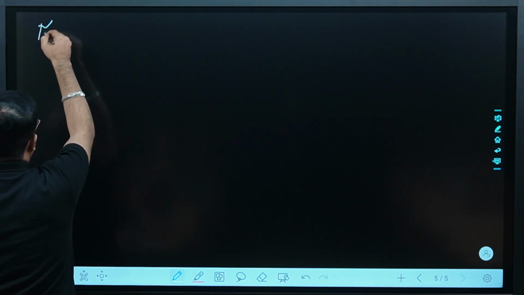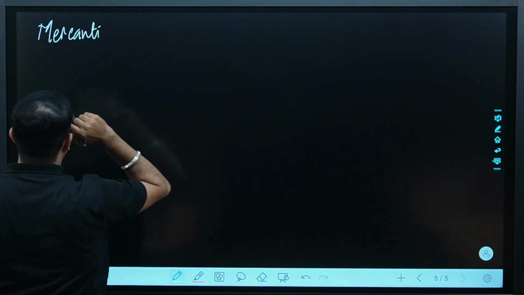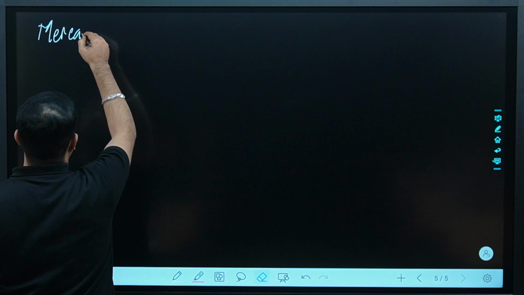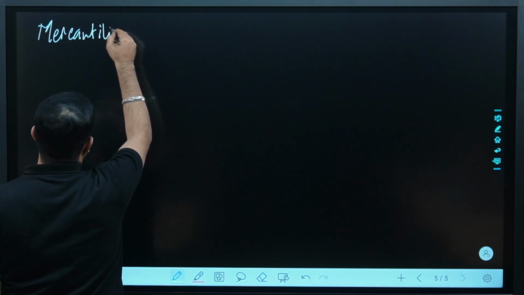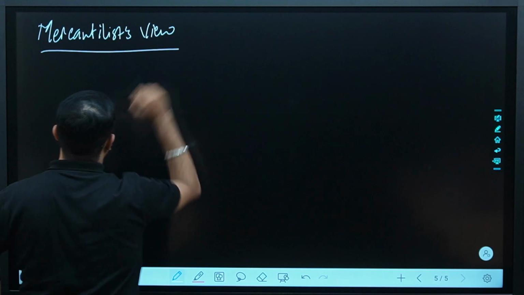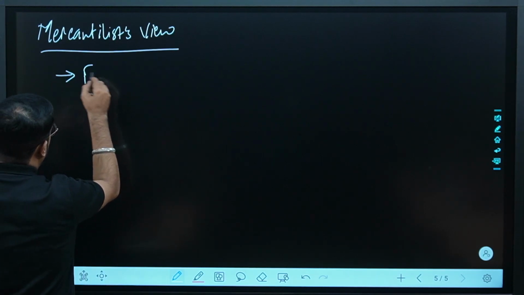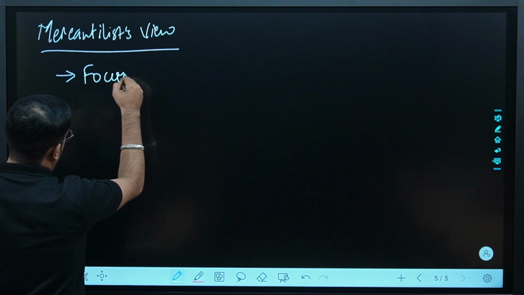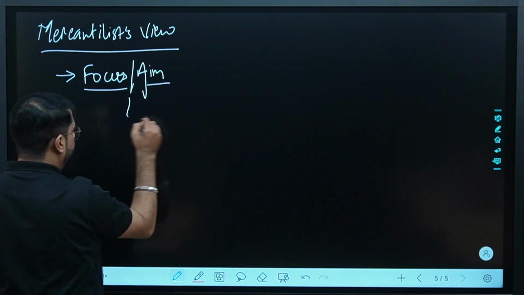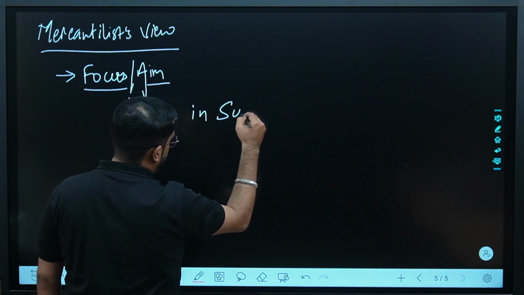So first theory, that is mercantilist's view, says that the focus or the aim should be to be in surplus.